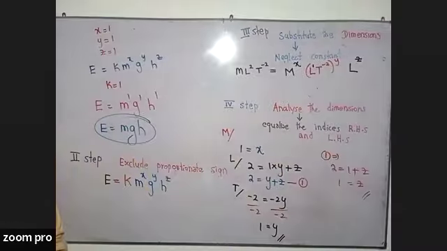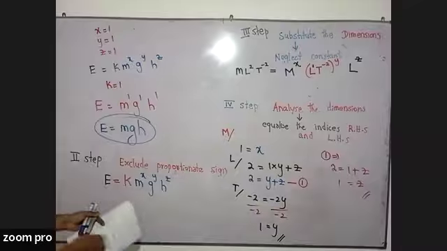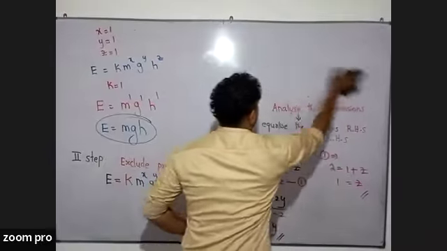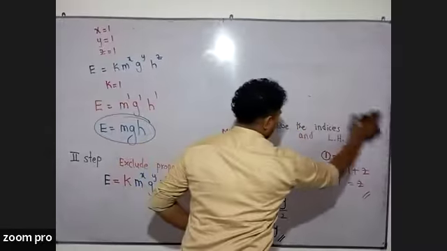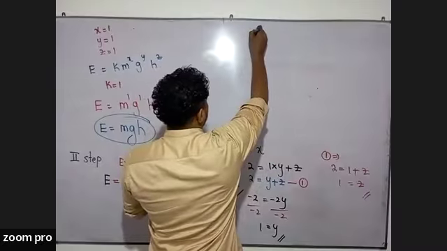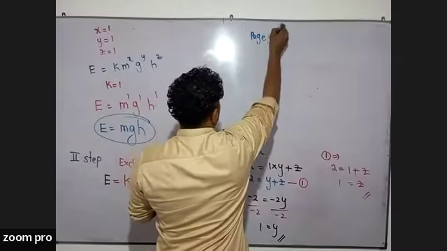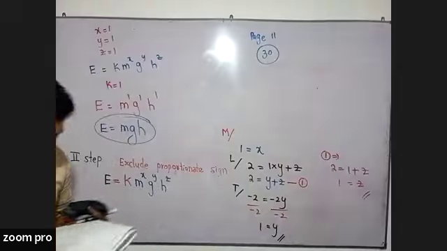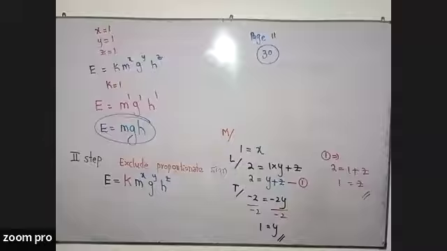In the physical quantity tube, just turn to page number 11, the 30th question. Page number 11, 30th question. Right. So try to obtain the answer for the 30th question.